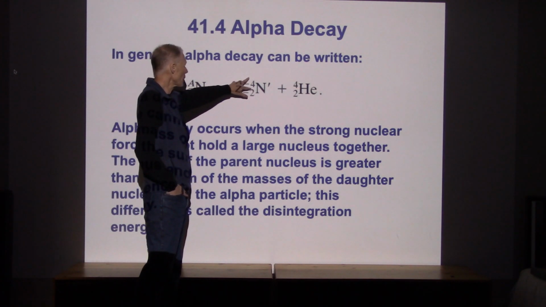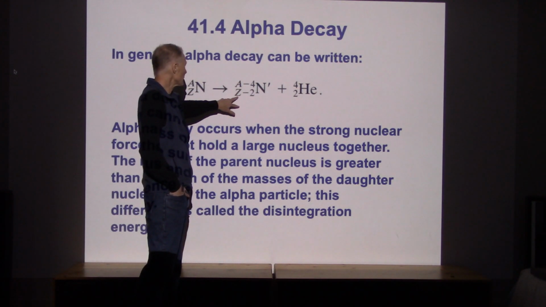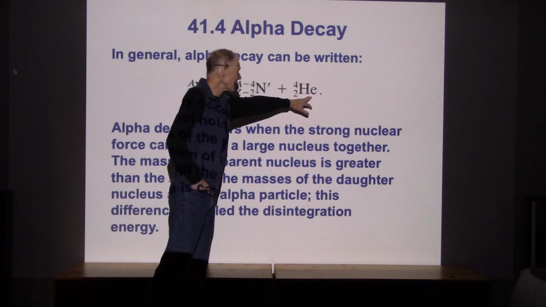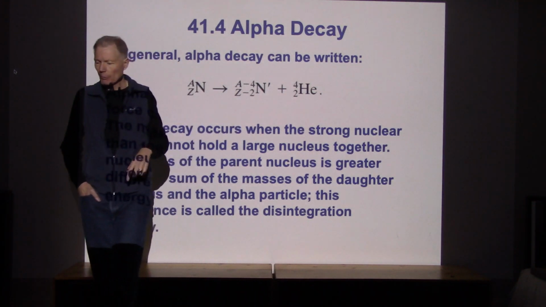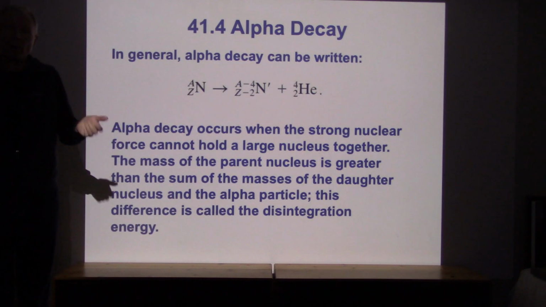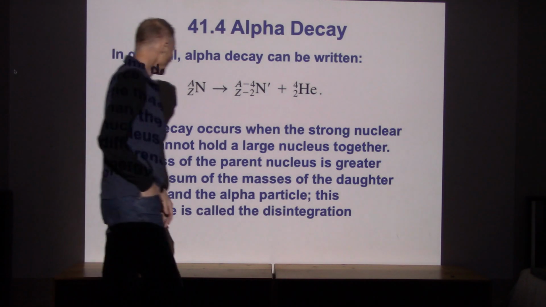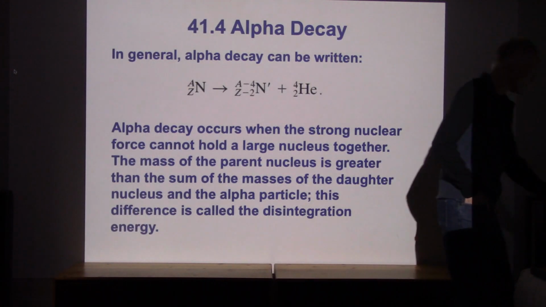The top number is going to drop by 4, and the bottom number, the number of protons, is going to drop by 2. Then what comes out is the alpha particle, and that alpha particle is written as helium-4. I kind of like that. Instead of just writing alpha, they've written it as helium-4. So that's the pattern that we see in alpha decay.